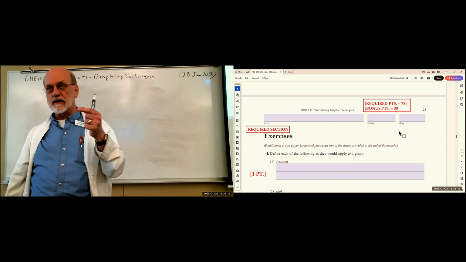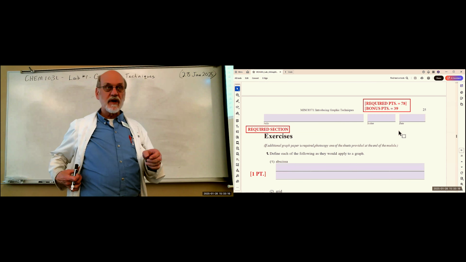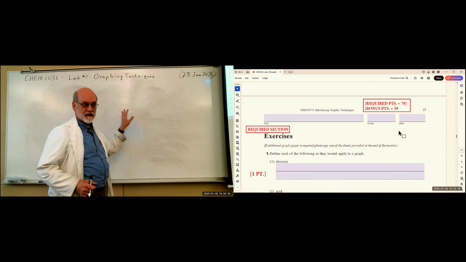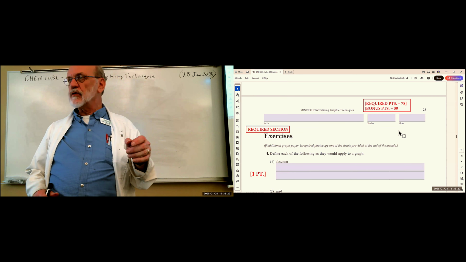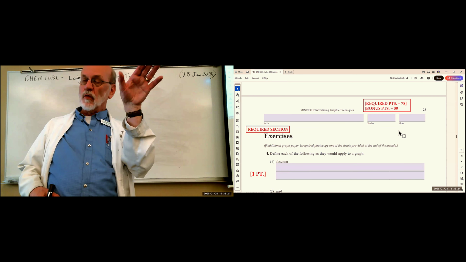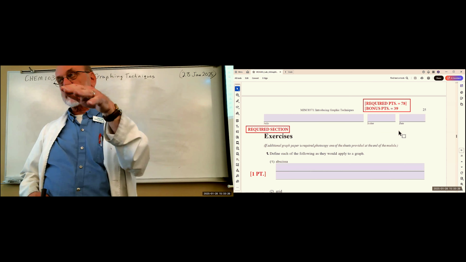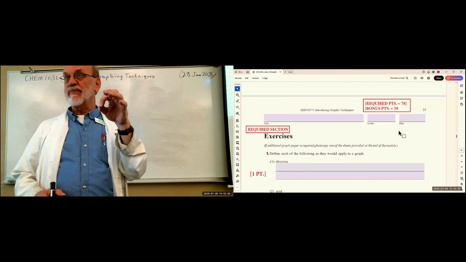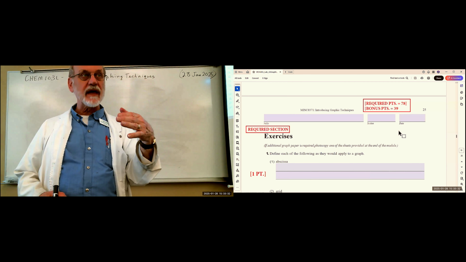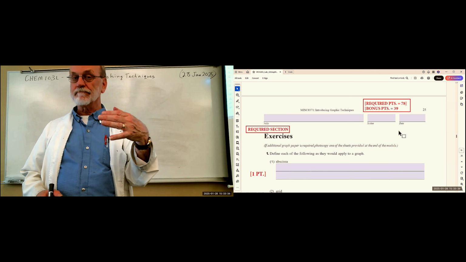And don't forget the units. Any measurement that comes from your graph must have units of some kind. If you're using a what if, then maybe it's only got 1 unit, like for the y-axis or the x-axis. If you're talking about a slope, it'll have a compound unit, something divided by something else.